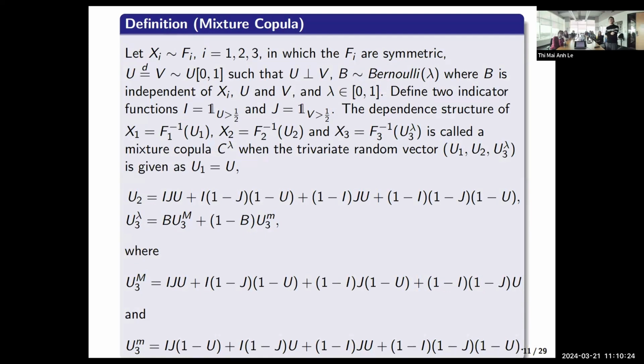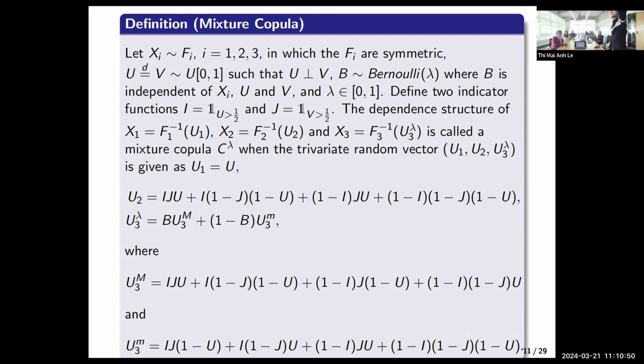Then we can define the mixture copula here, with a similar assumption on the symmetric marginals. One point to highlight is that we define a Bernoulli random variable B with parameter lambda. Then the dependence structure of x1, x2, and x3 is called a mixture copula.